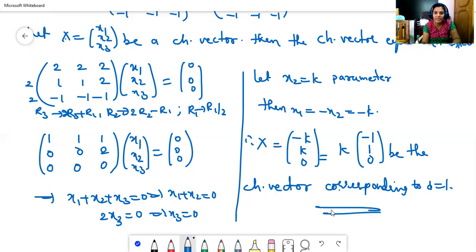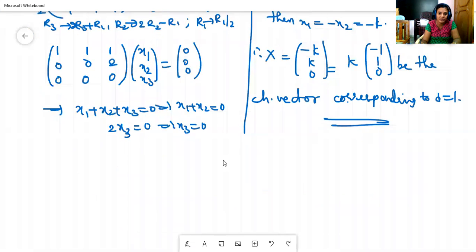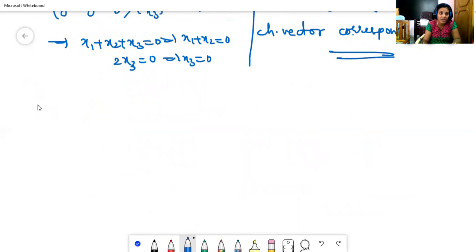This is the way. In the same way, you can take another vector X equal to y1, y2, y3 be the characteristic vector. Then the characteristic equation, you can take the case 2. That is, case 2: take lambda equal to 2.